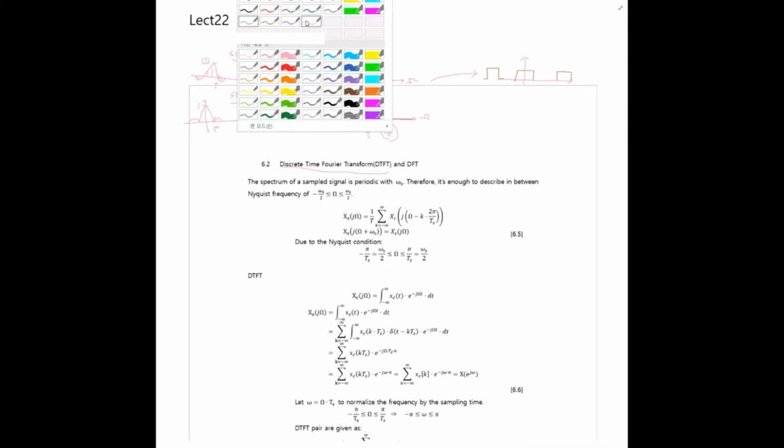Similarly, by sampling this one, it depends on the sampling period. You know that this is determined by the sampling period. We call this omega s, which is 2 pi over Ts. Ts is the sampling period, that is, this time difference. Similarly, this one is also repeated in this way.